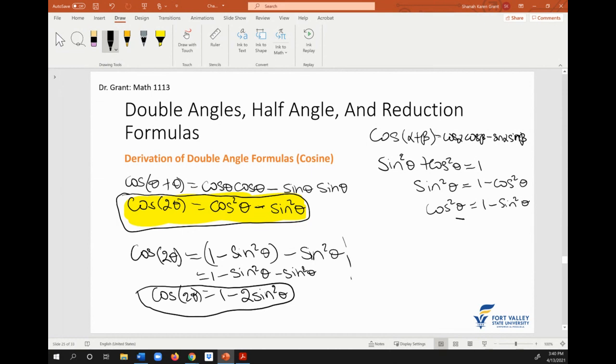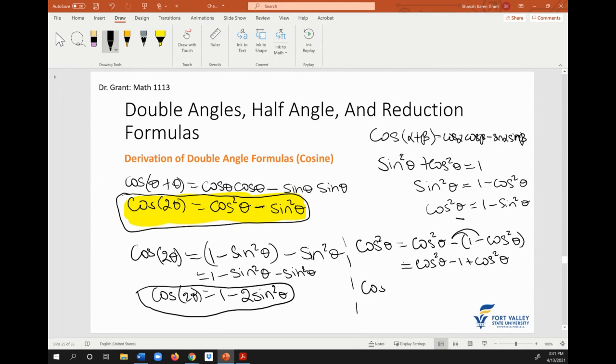You can also replace the sine. So we can say cosine 2 theta equals cosine squared theta minus 1 minus cosine squared theta. So this becomes cosine squared theta minus 1 plus cosine squared theta, and that's because we distribute this negative sign.